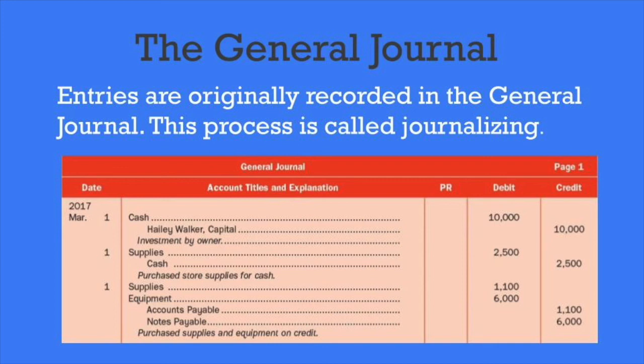Effectively, there were two, 3A and 3B. So supplies went up by $1,100, equipment went up by $6,000, and accounts payable $1,100, and notes payable $6,000. That could be broken into two separate entries, but seeing as 3A, 3B, we must have done that as one single event.